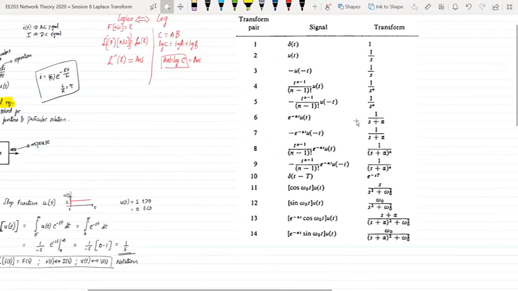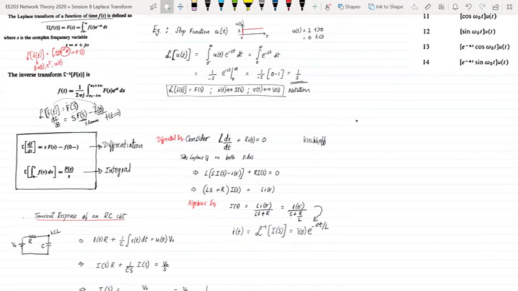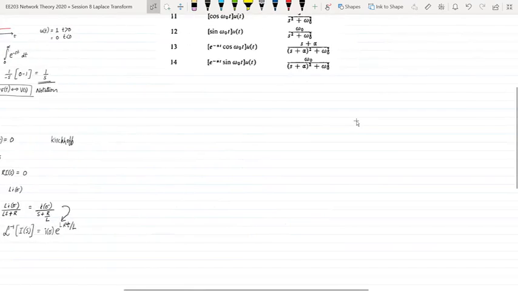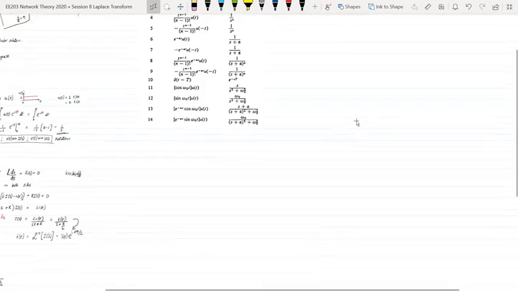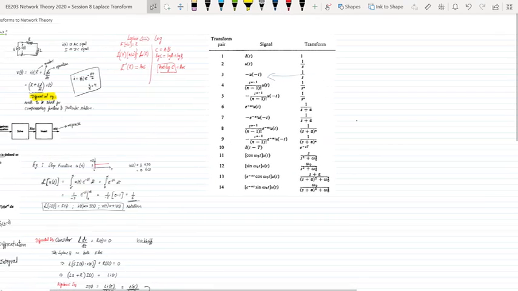If I want to go from the Laplace transform back to the time domain, all I need to do is refer to this table, go to the RHS, find out what is the corresponding transform over here, and that's my answer. So let's see if we can do something like that.